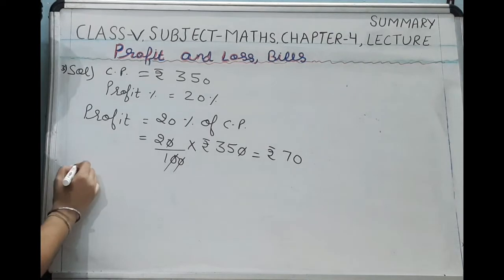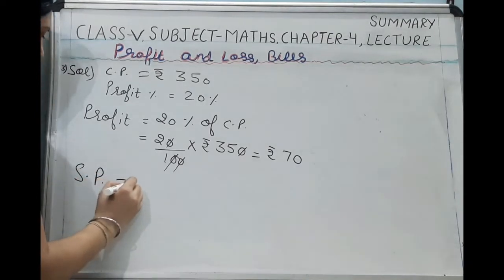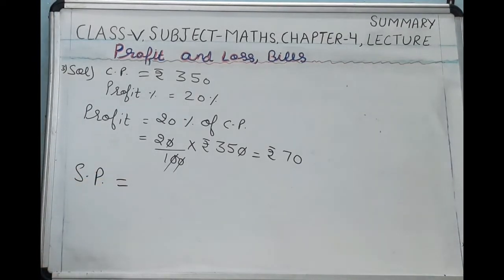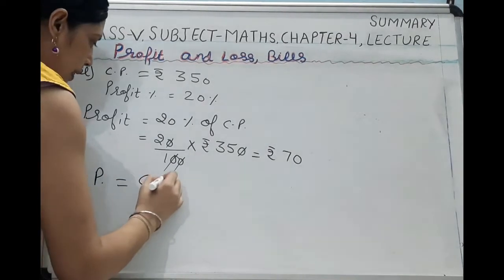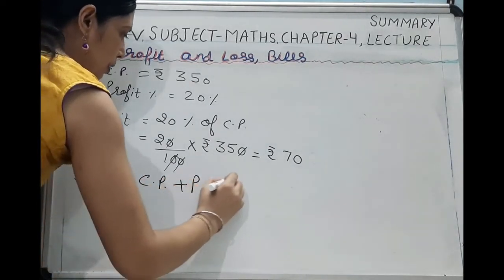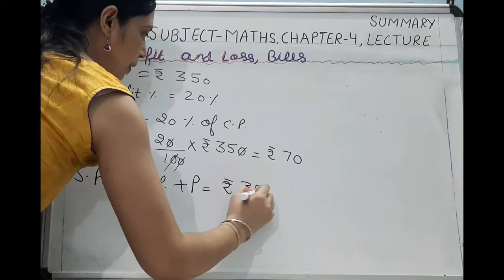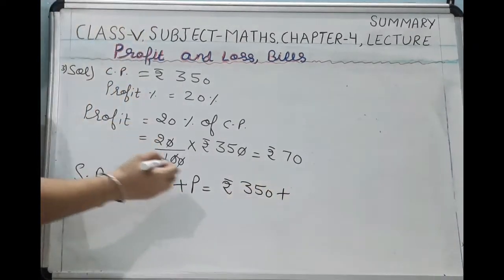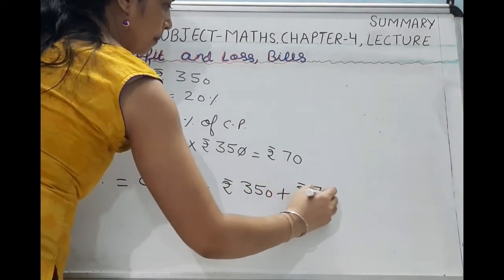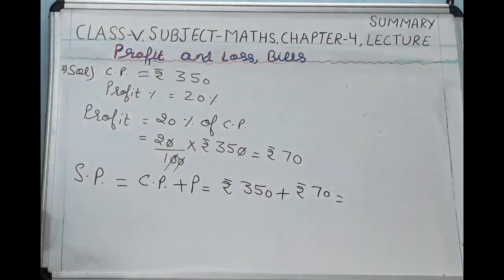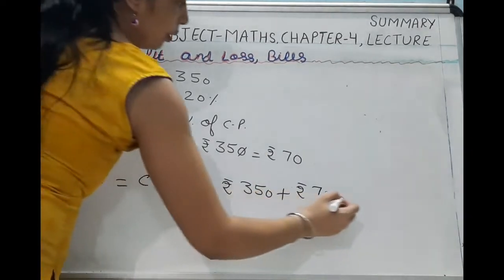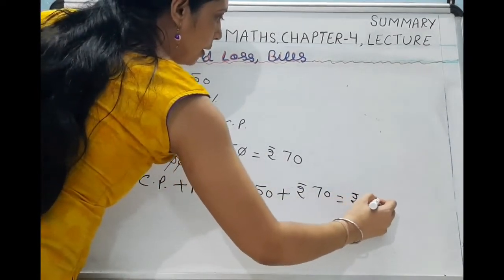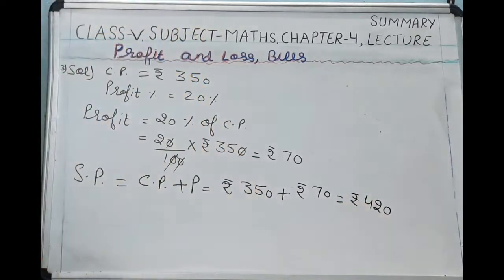So we have to find out selling price. Selling price is cost price plus profit. Rupees 350 plus rupees 70. 35 plus 7, 42. So it will become 420.